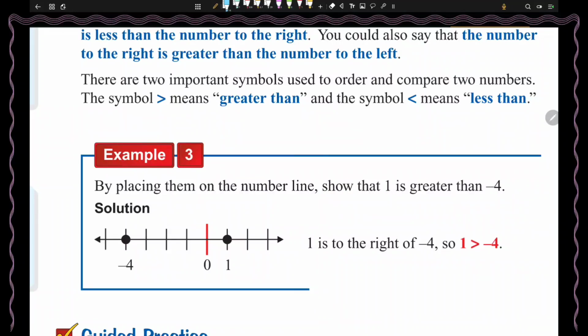However, when you place it on the number line, you notice that you have to place negative 4 to the left of 0 because it's on the negative side of the number line. And 1 has to go to the right of 0 because it's on the positive side. So since 1 is to the right of negative 4 on the number line, it's bigger than negative 4.